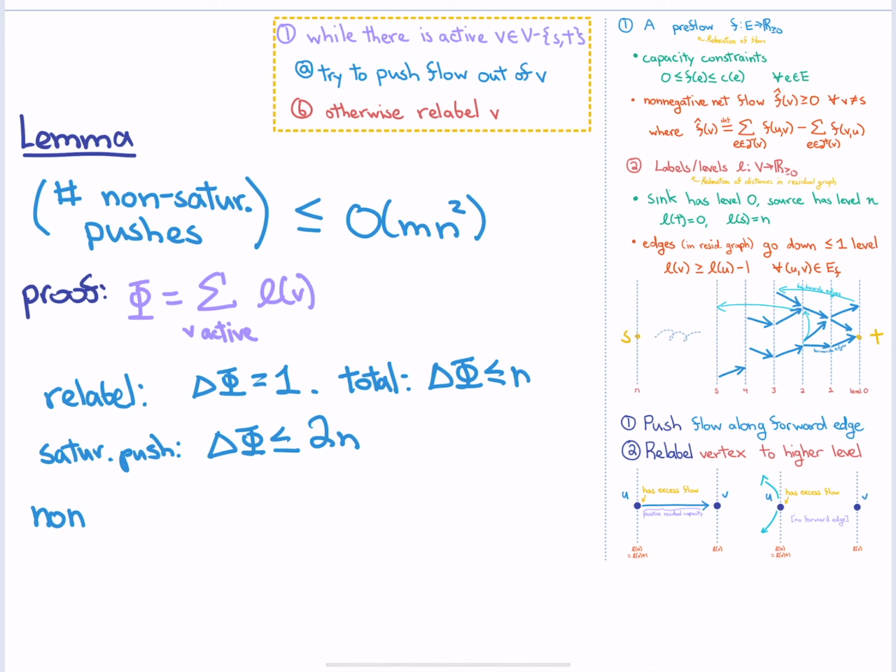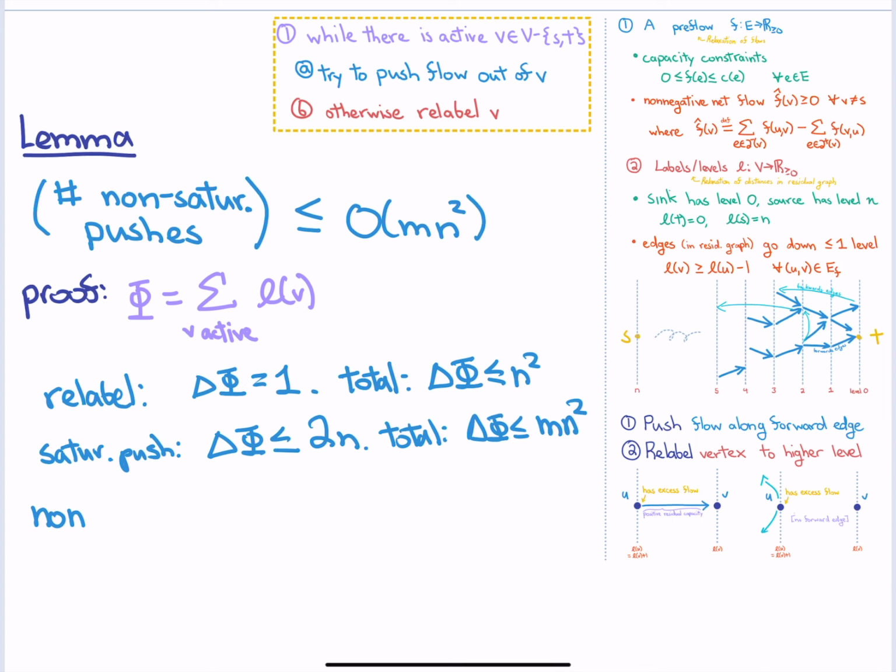One clear answer is way better than 100 whispers. Okay. Same with saturating pushes. Do you guys remember how many saturating pushes? Mn. So then the total increase from saturating pushes is? Yeah, like mn squared or 2mn squared.